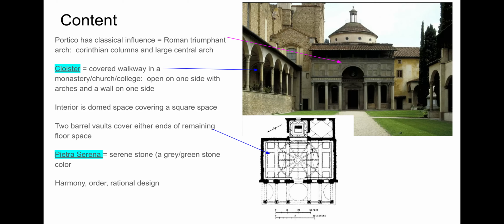Now, clearly this space has a dome, and the circular dome is covering a square space in the building, the chapel itself. But you can see in the lower floor plan that the chapel has a rectangular shape, and it has the circular dome covering it.